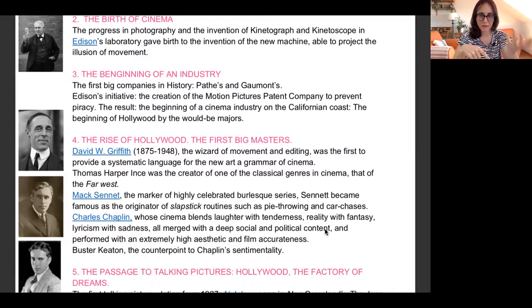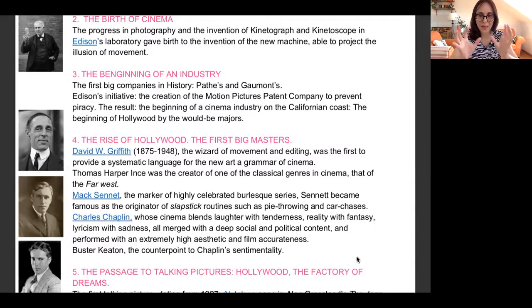Charles Chaplin, and if you think in the movies of Charles Chaplin, you understand now better what Mark Sennett was trying to do, whose cinema blends laughter with tenderness, reality with fantasy, lyricism with sadness, all merged with a deep social and political content, and they performed with an extremely high aesthetic, this is an important word, aesthetic and film accurateness.